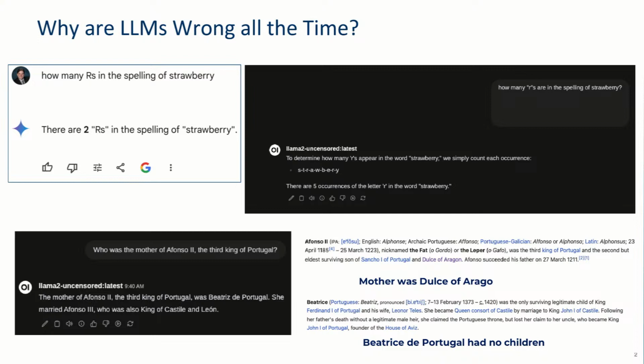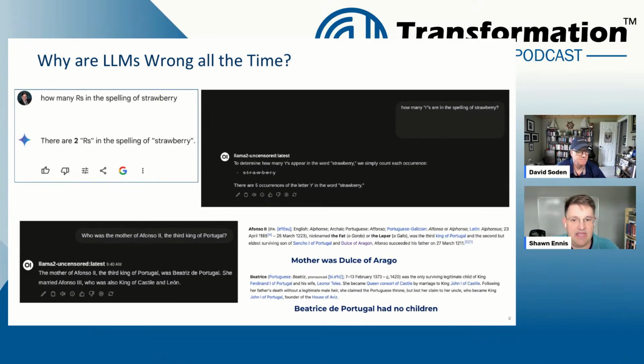So, one of the things that people really have a hard time grasping with large language models is they're not a human being. They're code. And more importantly, they are mathematical statistics. Why large language models can't spell very well is because they don't know how to spell.